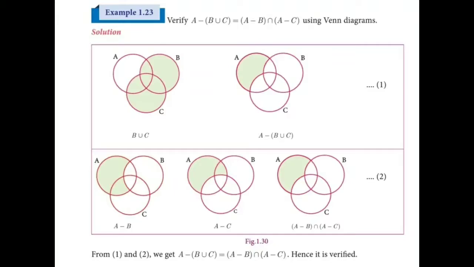Right hand side, (A minus B) intersection (A minus C) using Venn diagrams.